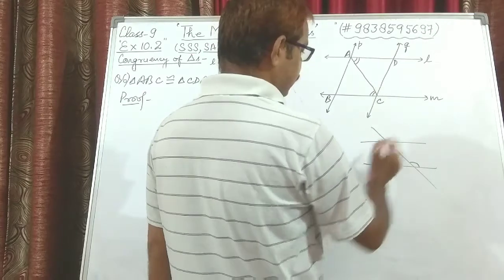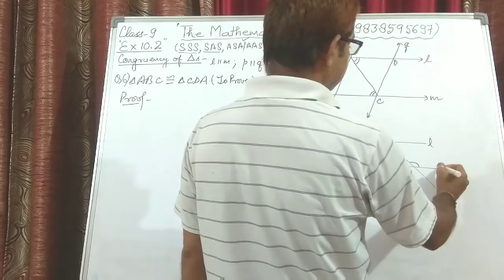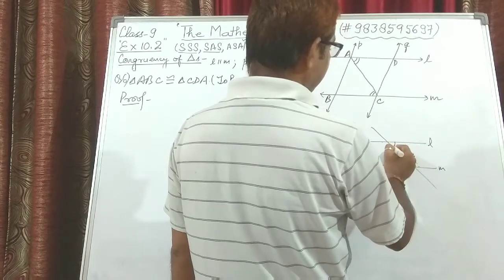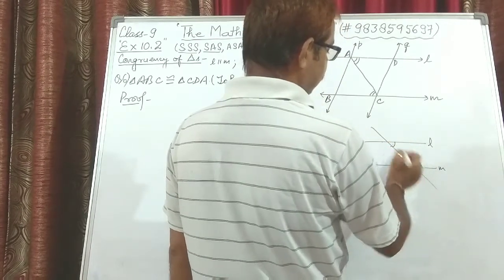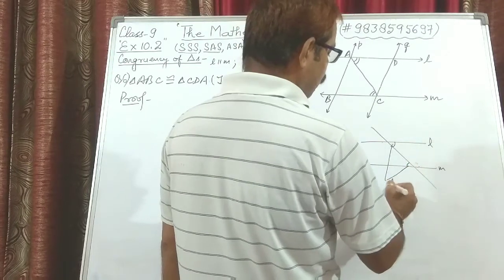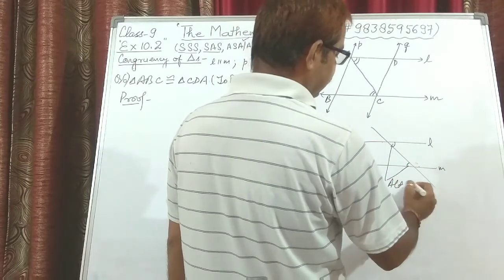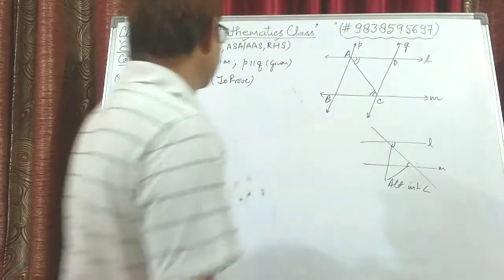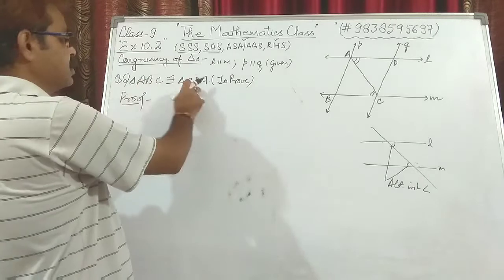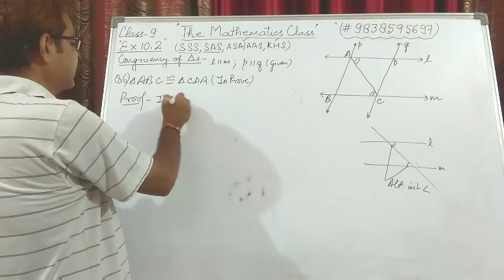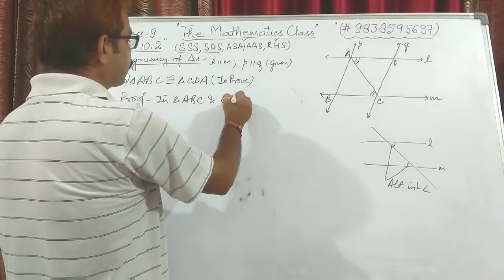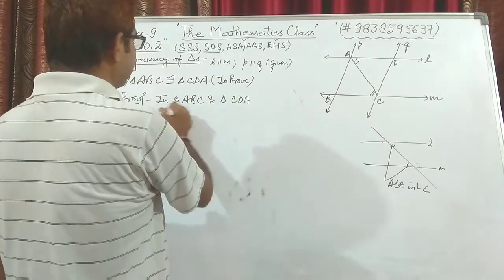You can see that this is line L, this is line M, and we are talking about these two angles. These are alternate interior angles. So first, which triangles are we considering? Obviously ABC and CDA. So we will write in triangle ABC and triangle CDA.